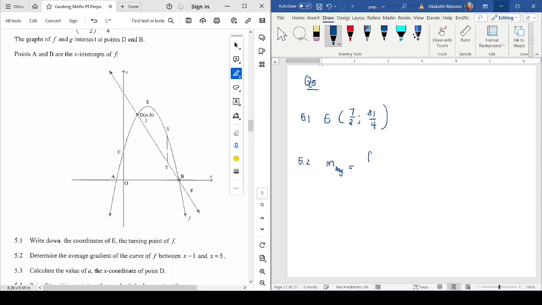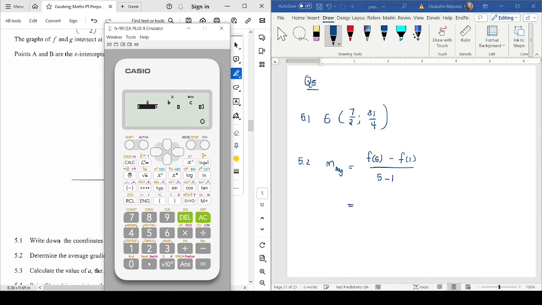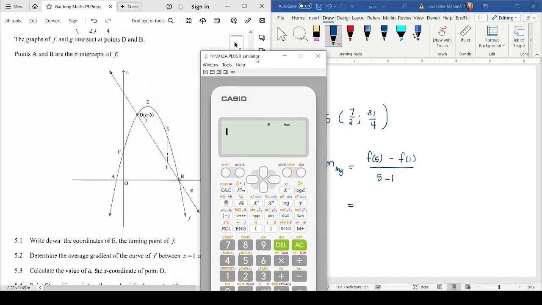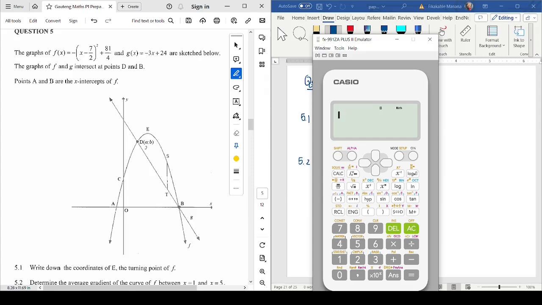So to get the average gradient, it'll be the y value for f where x is 5, minus the y value where x is 1, all over 5 minus 1. We take our calculators and substitute the value of 5 where we have x: negative 5 minus 7 over 2, squared, plus 81 over 4.